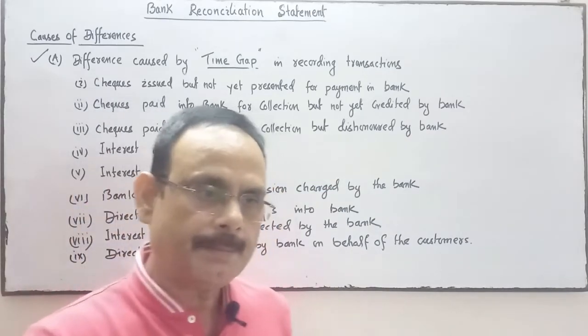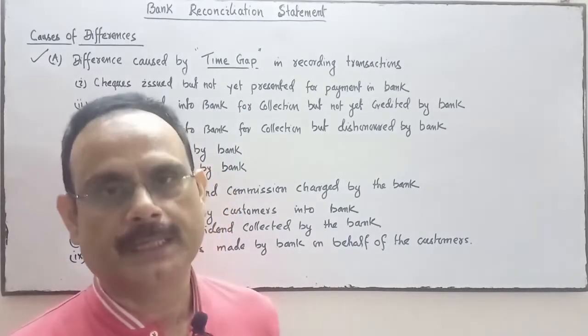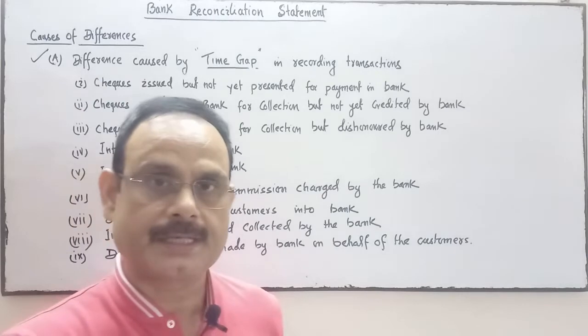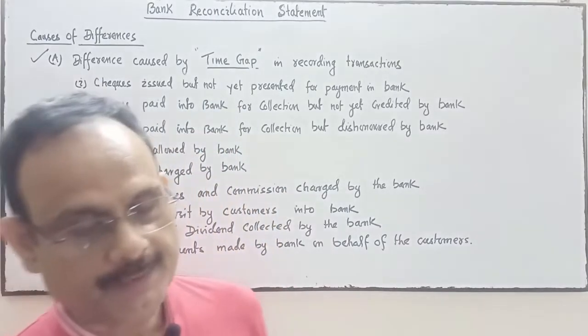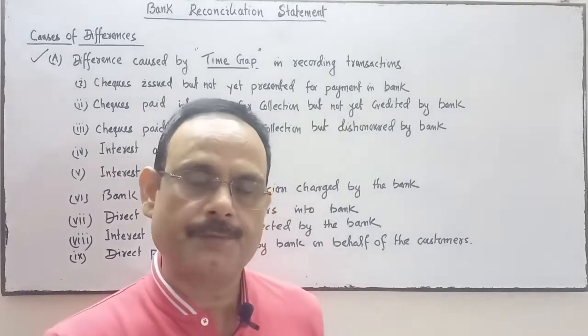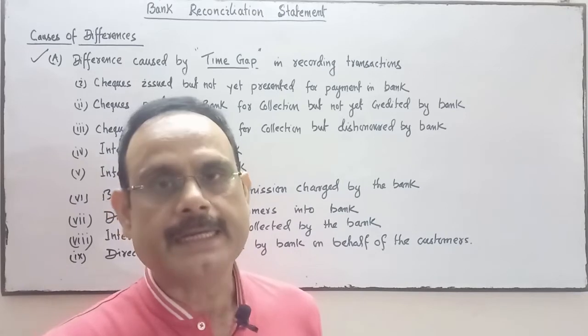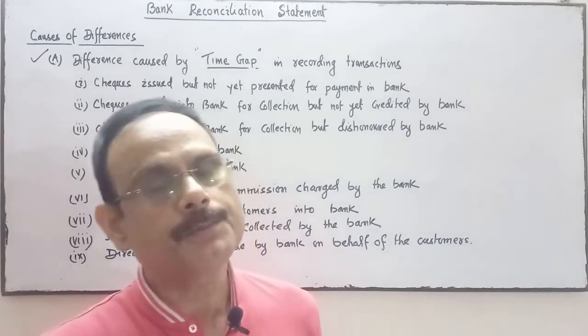Okay. Sometimes the bank collects the dividend or interest or rent on behalf of the customers as per the instruction given by the customer. And when such collection is done by the bank, whether it's a dividend, interest, or rent, after collection it has not informed the customers.